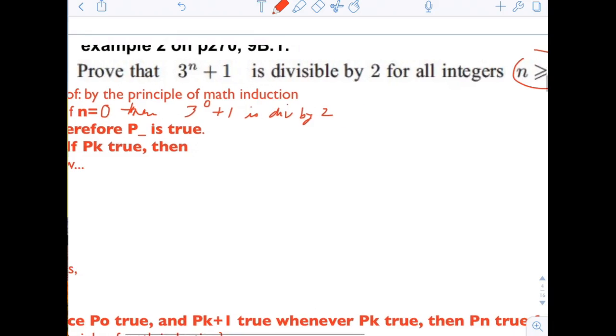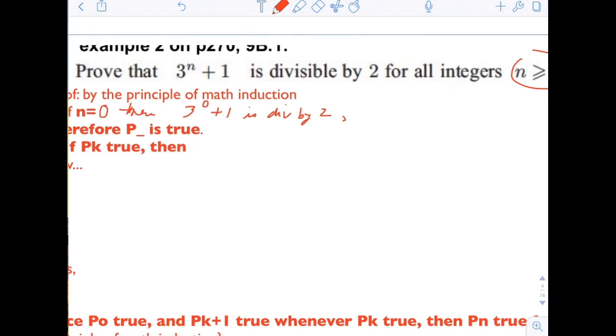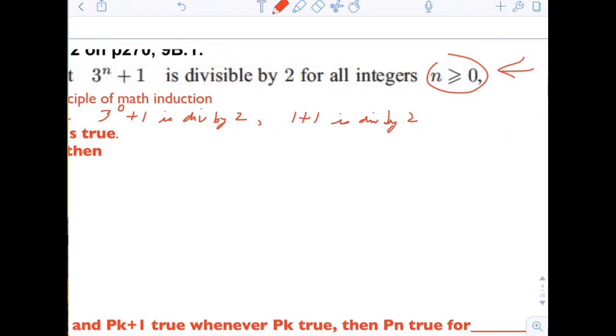So let's see if that's true. 3 to the 0 is 1, so 1 plus 1 is divisible by 2. That's true, right? Okay.